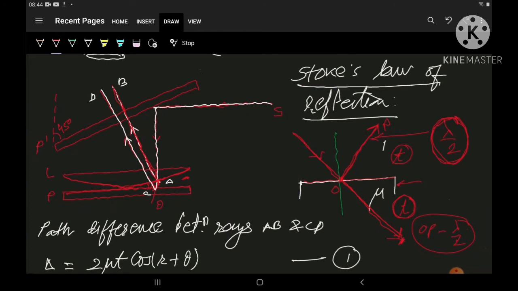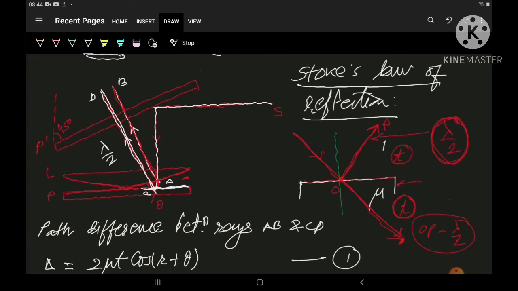But the light ray CD is reflected from the surface of the glass plate, that's why it will lead ahead by a path difference of lambda by 2.